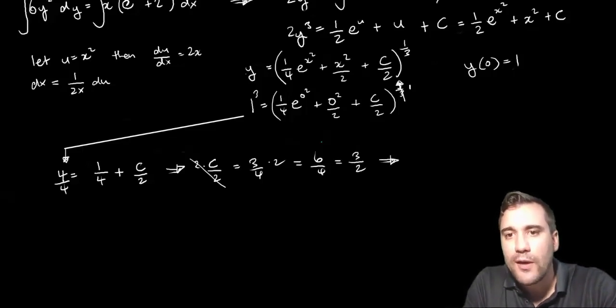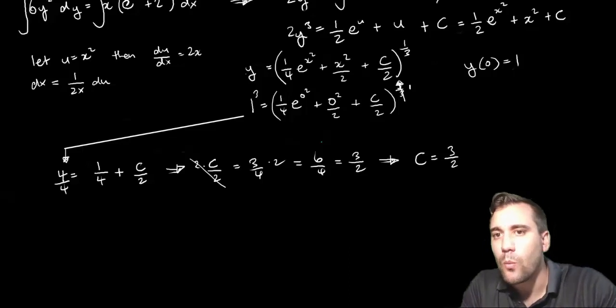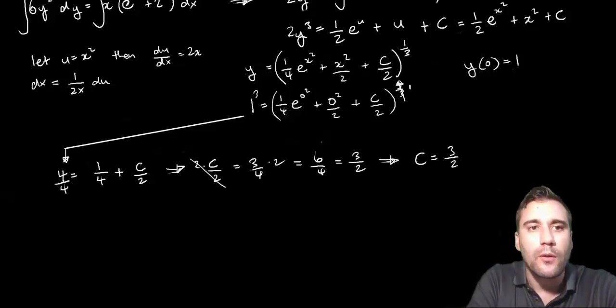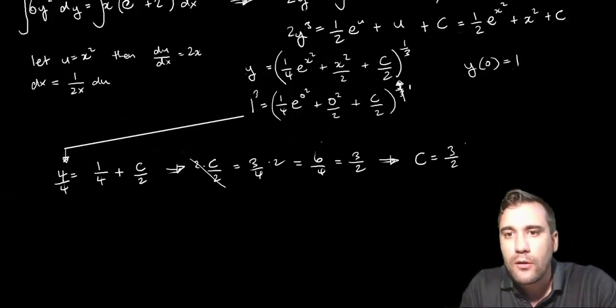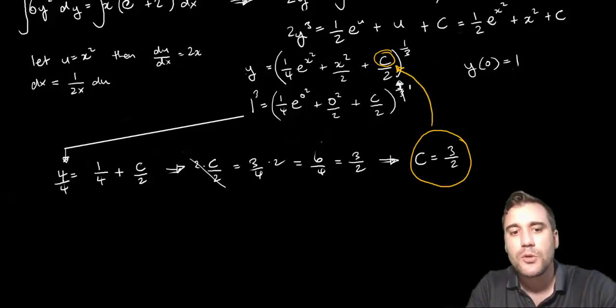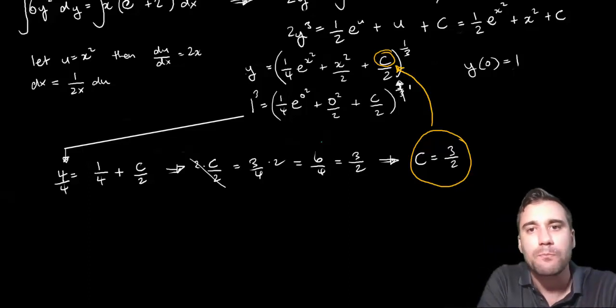So we found that c is equal to 3/2 for the initial condition y of 0 is equal to 1. Now we're going to take this value of c and plug it in up here into our general solution. So what we will then have is a specific solution.